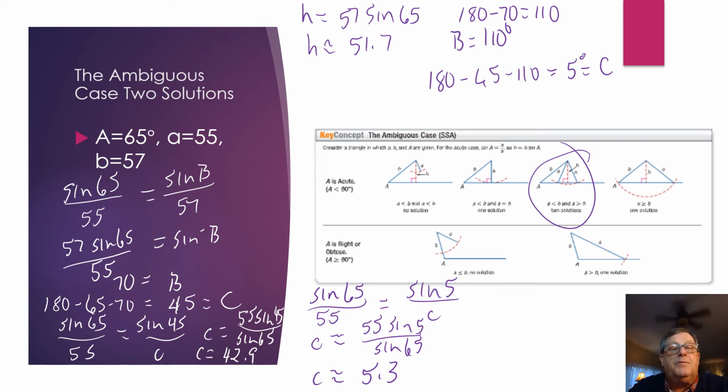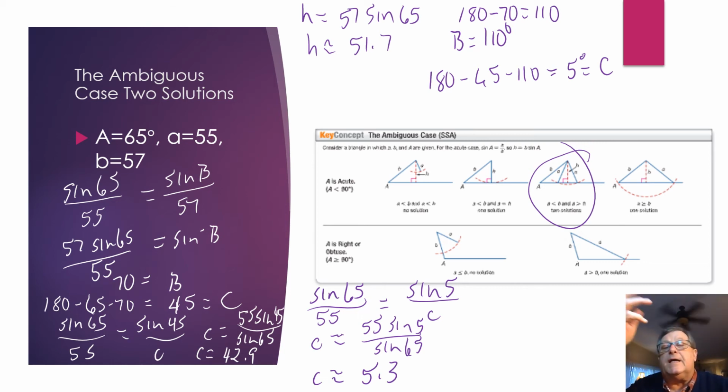Went back to what we knew about the angle A and side A, so we took the sine of 65 divided by 55, set that equal to the sine of 45 over side C, which was what we're trying to find, such that side C would then be equal to 55 times the sine of 45 divided by the sine of 65, which came to a measure of 42.9.